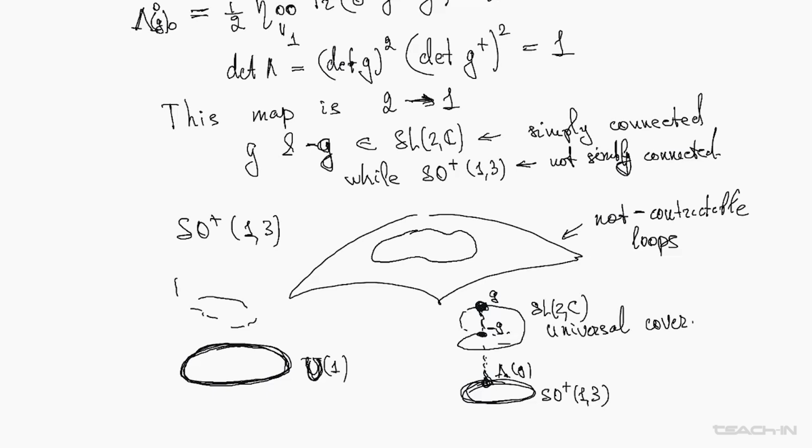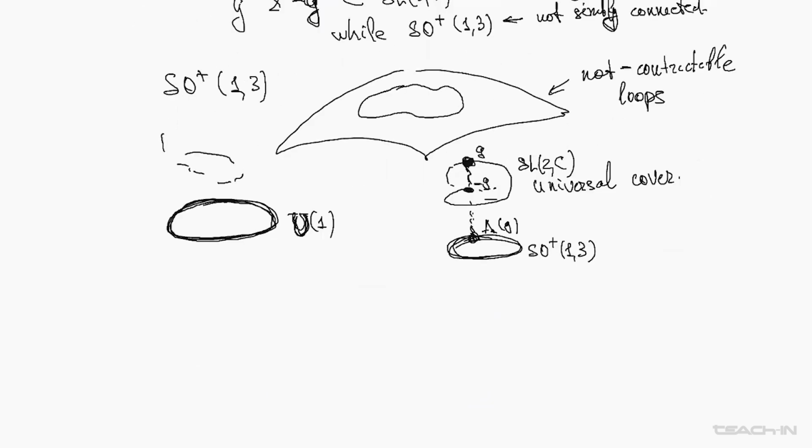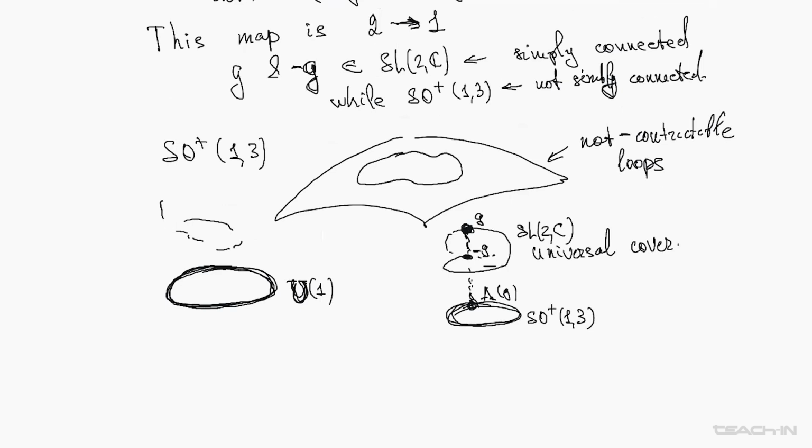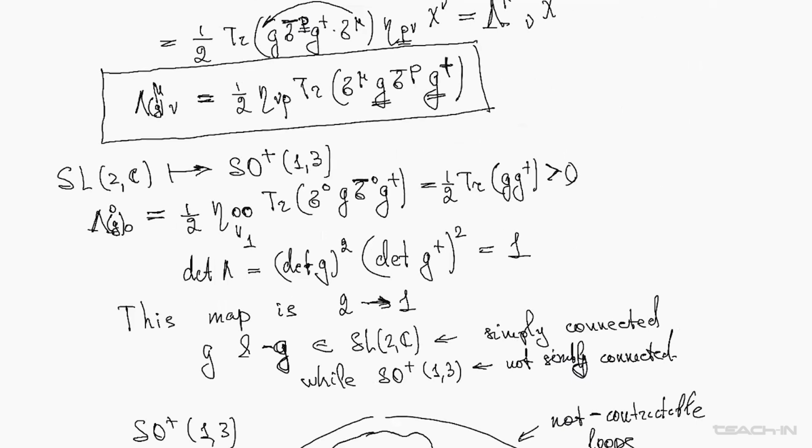Now, as an exercise, I would like to propose for you to check that the matrix Lambda^mu_nu, which is constructed according to this formula here, is indeed a matrix of Lorentz transformation, by checking that it preserves the Minkowski metric.